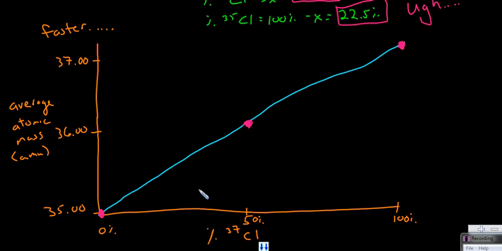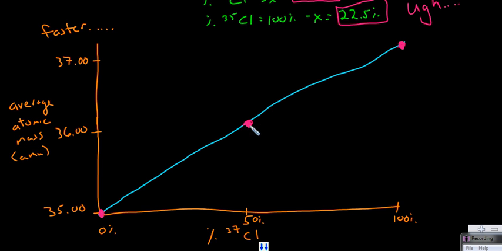For example, if we have 100% chlorine-37 and 0% chlorine-35, then our weighted average atomic mass would be 37. And if we had 0% chlorine-37 and 100% chlorine-35, then our weighted average atomic mass would be 35.00 atomic mass units. And we also know, using the fact that the equation we were just working with wasn't a quadratic or anything like that, it was just linear.